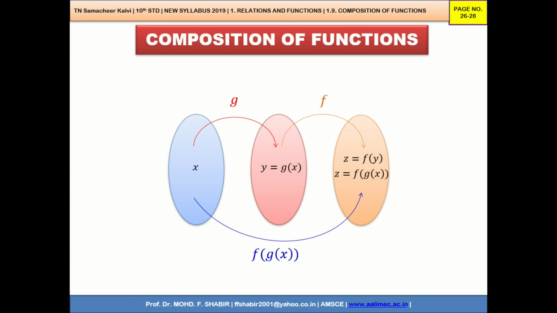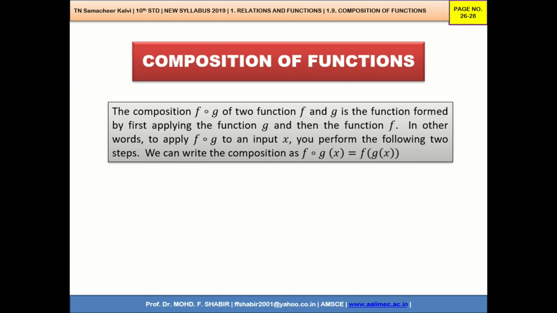Again we have three sets X, Y and Z. If the function between X and Y is g, and between Y and Z is f, then the overall function is f of g of x, where we apply function g first, then f. So overall, the composition f of g of two functions f and g is the function formed by applying first the function g and then the function f.